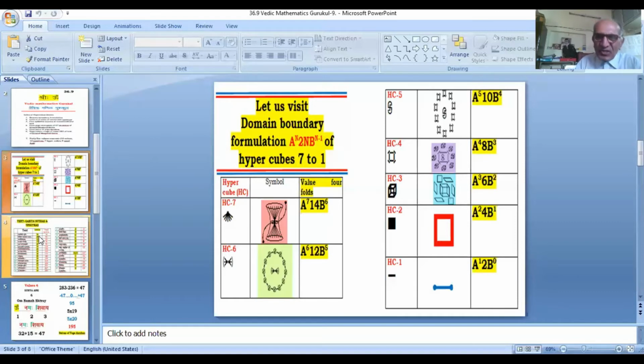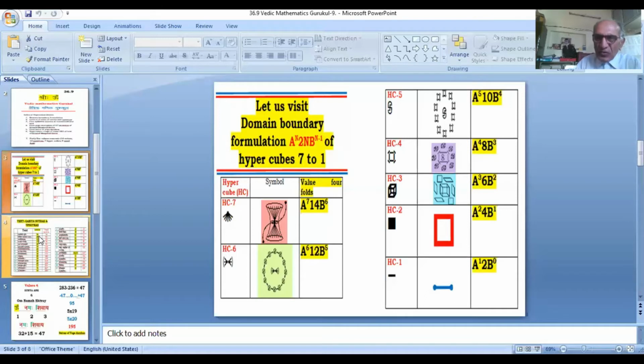As such, this is happening as 4 space itself is manifesting 4 space content as hypercube 4, and creative boundary means the creative domain, 4 space as a domain, gets enveloped within a solid boundary. Solid boundary of 8 components envelops the creative domain. A raised to power 4 is to 8b cube is the domain boundary ratio.